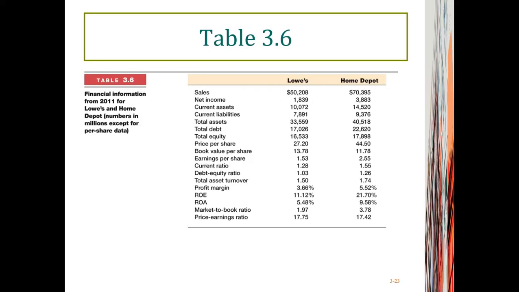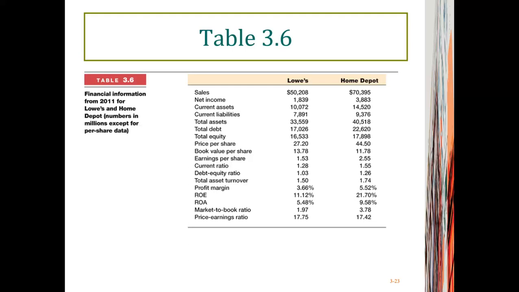Table 3.6 shows you the comparison example for Lowe's and Home Depot. As we know, Lowe's and Home Depot are close competitors in the same industry, although the sizes are different for those two companies, but we can do comparison. Here you see sales are different, net income is different, current assets are different, but we can use ratios.